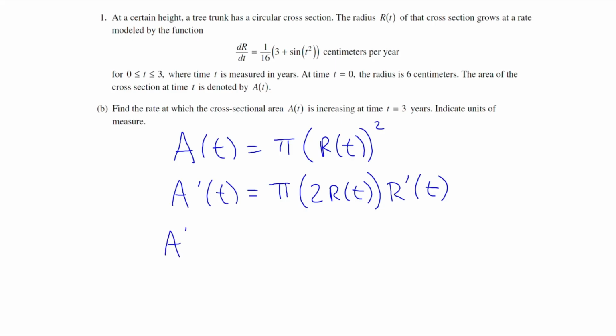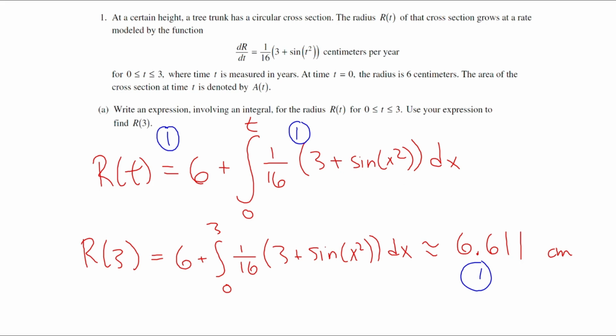If we want a prime of 3, that should be pi times 2 times r of 3 times r prime of 3. And we've got r of 3, right? We found r of 3 just a minute ago in the previous question. 6.611, that's r of 3. And r prime of 3 will just be the value of dr dt at 3.